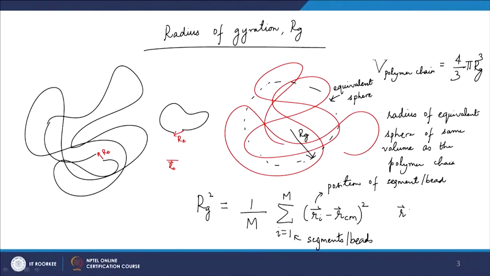So the idea itself is very general, but it depends on where I am applying it. For a bead-spring model, the Ri would refer to the position of those beads in space, and the center of mass Rcm is then simply the arithmetic mean of those positions. This particular quantity that we defined, we always look at the Rg squared value, is the radius of gyration.